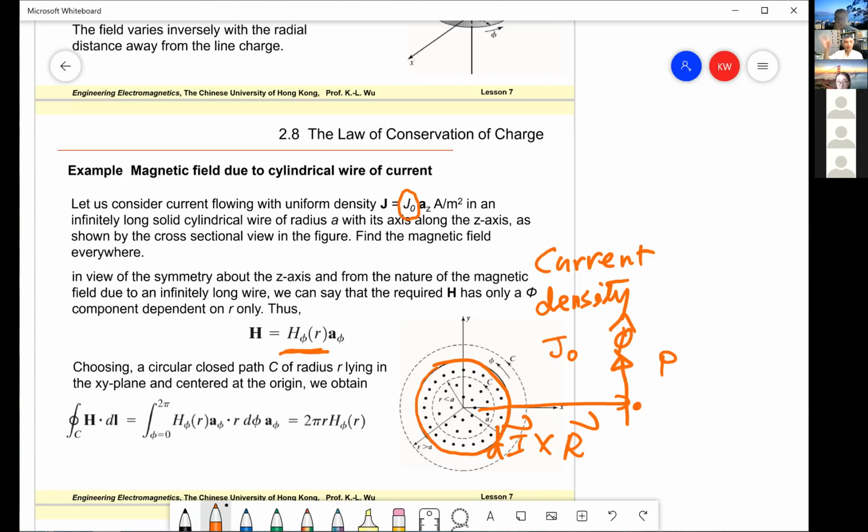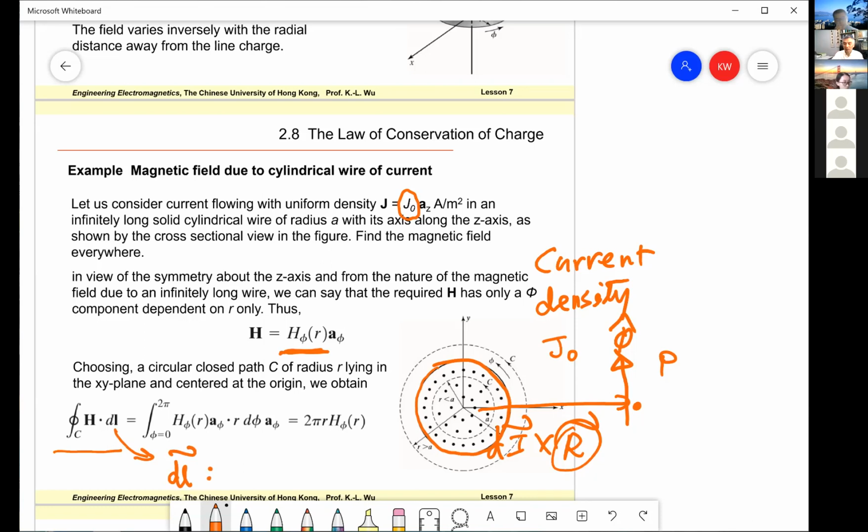And also because this is infinitely long, for a given R, or small r, the field magnitude is constant. So when we calculate the circulation of the magnetic field, we only need to calculate this dl.